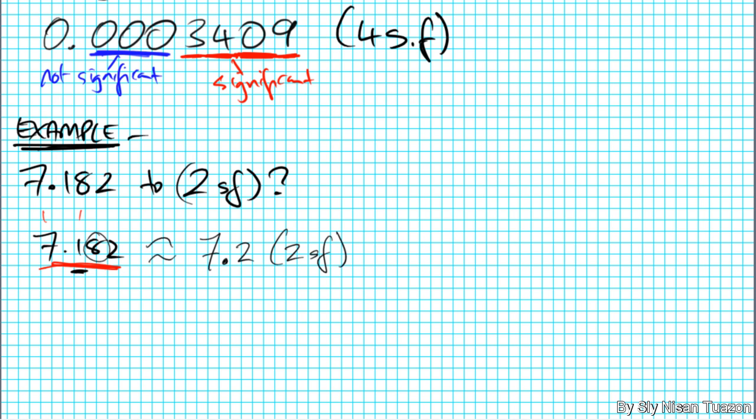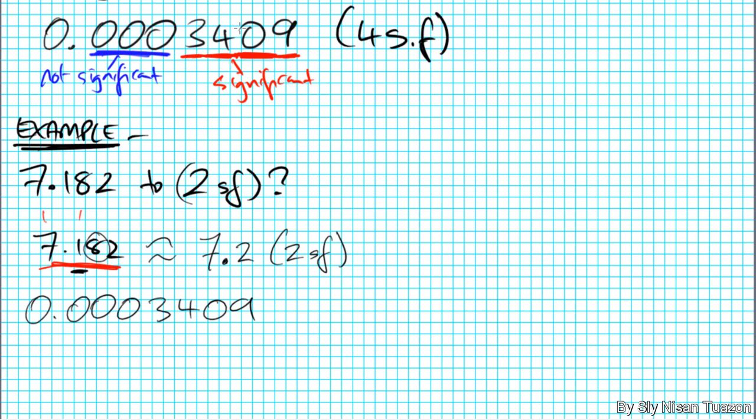I'm going to try a decimal example now. Let's use the example from above, 0.00034009. Let's say I wanted that to 3 significant figures.